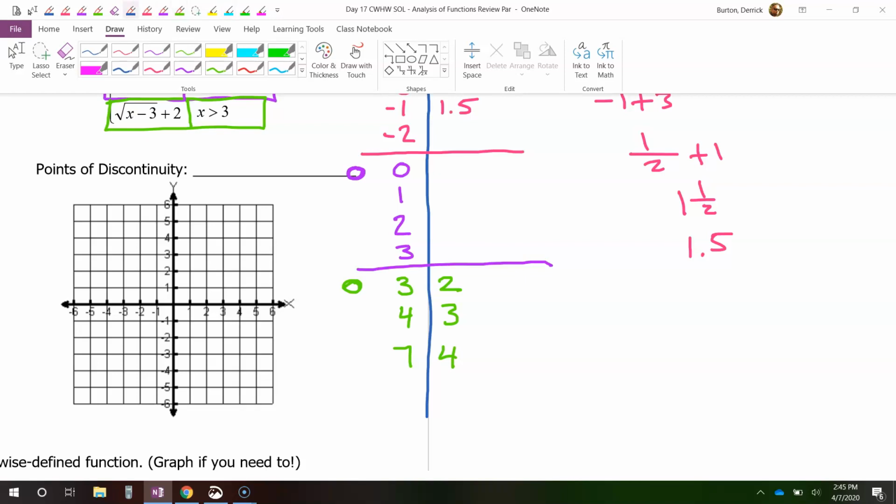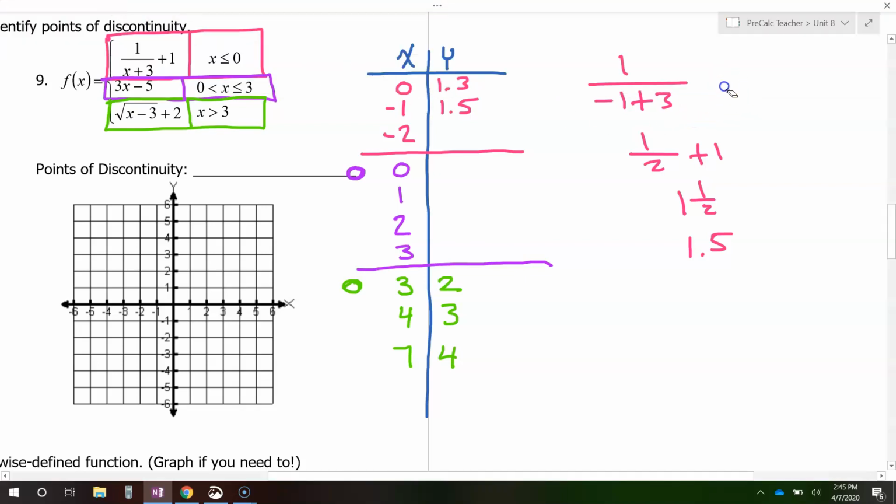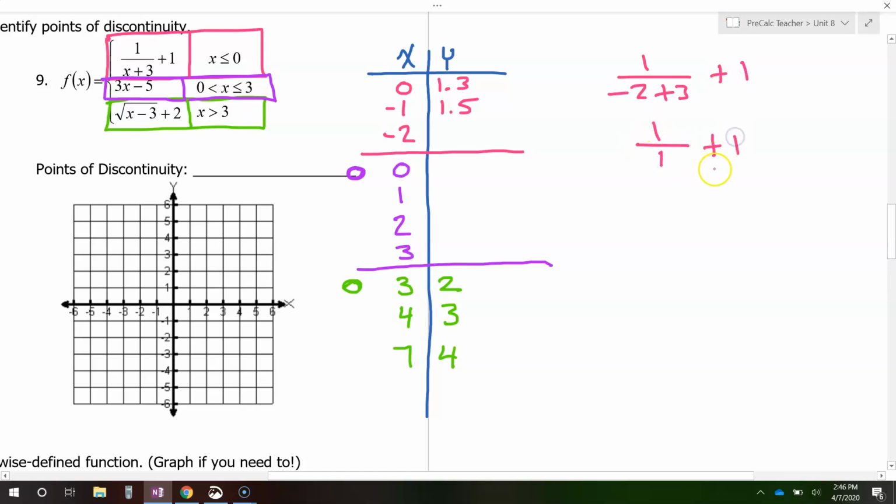Okay, what about at -2? If I do -2, then that's going to give me 1 over -2 plus 3. All right, so that's going to be 1 over 1 plus 1. So that's just going to be 1 plus 1, so that's going to be 2.